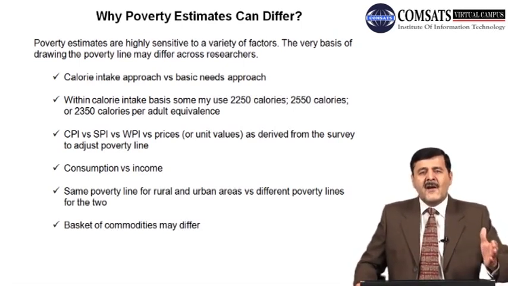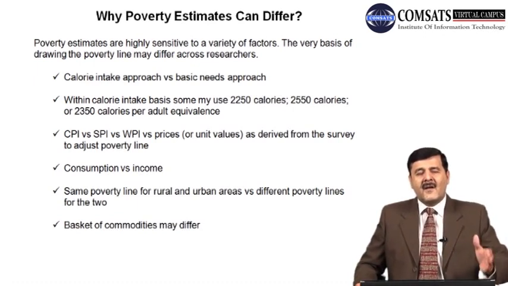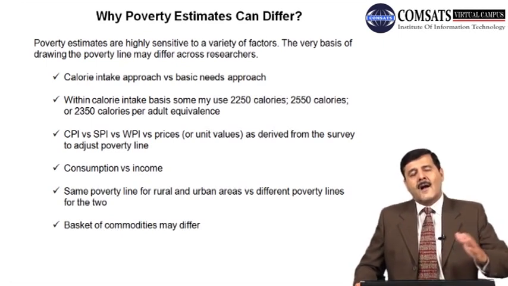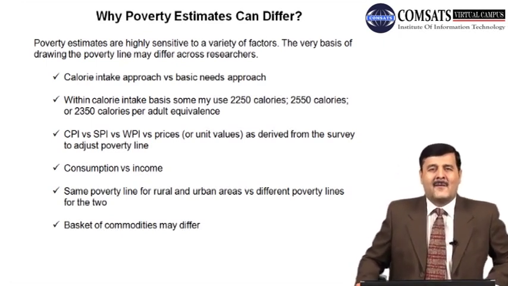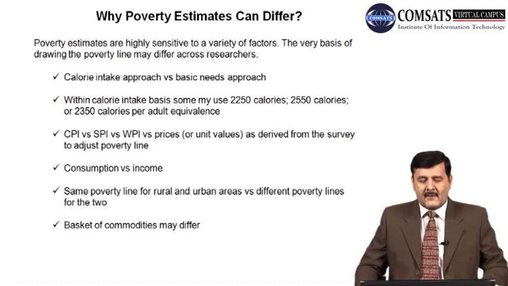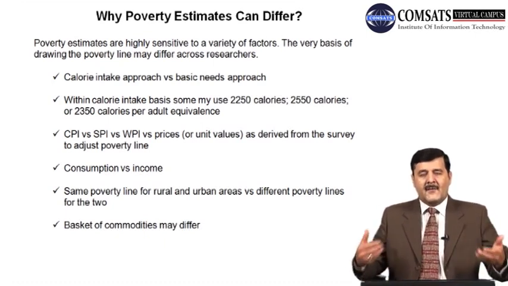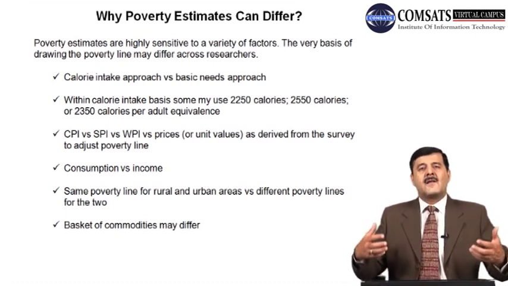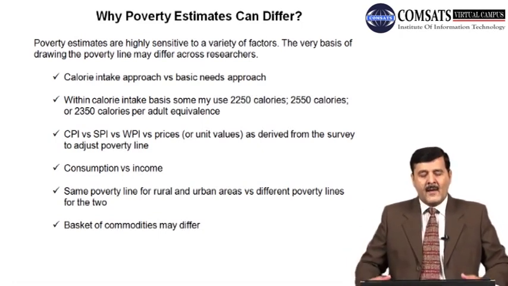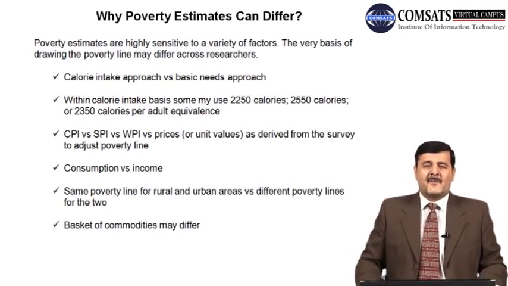So there are different factors. Our poverty estimates are very sensitive to different factors that become a cause of difference in poverty estimates over time and in different countries. So we talked about calories, different calorie intakes, and different measures of inflation. We have talked about differences in consumption and income.